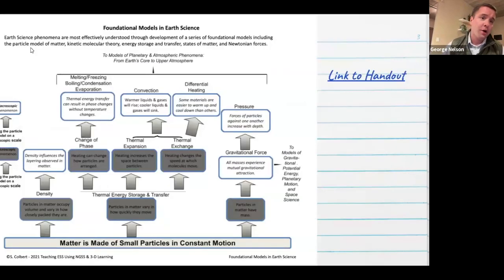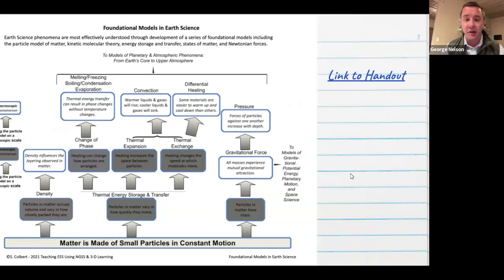I ran a one week workshop on earth science in 2021 with another high school earth science teacher named Stephen Colbert. You should definitely reach out to him. He made this really nice diagram during the workshop of the underlying principles we have when teaching earth science.